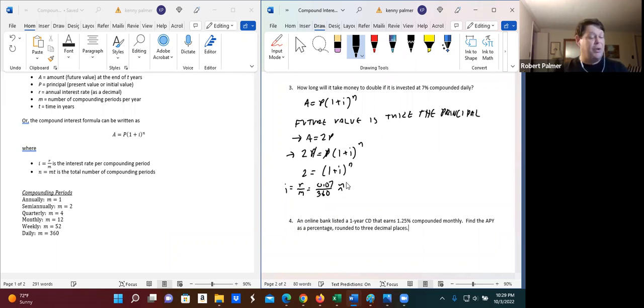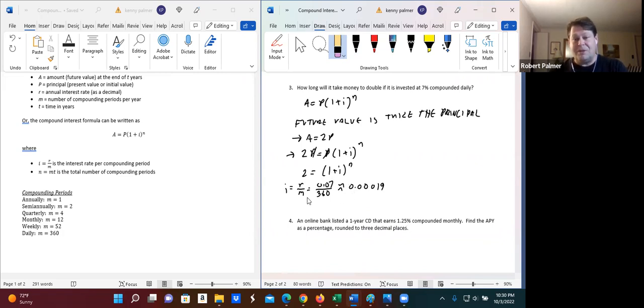Okay, now this is going to be a small number. We'll have to make sure to carry at least a few significant decimal places. So 0.07 divided by 360. That's going to be 0.00019, and I'll stop there. So that's the daily rate as a decimal. If they want to change it to a percentage, just move your decimal place 2 places to the right.